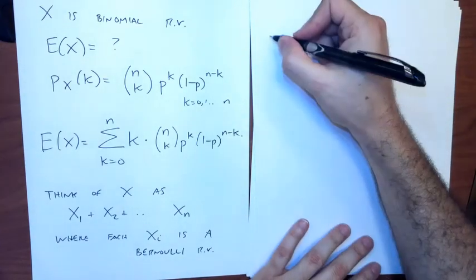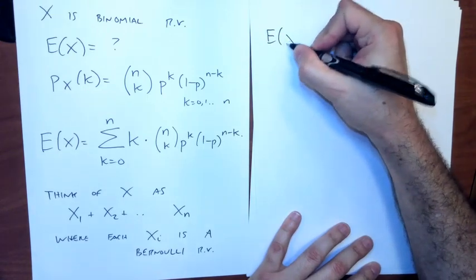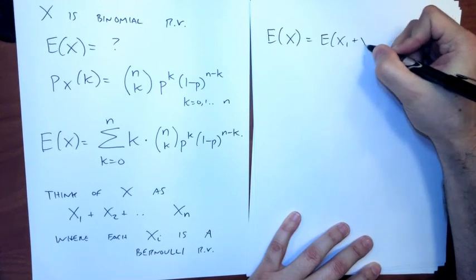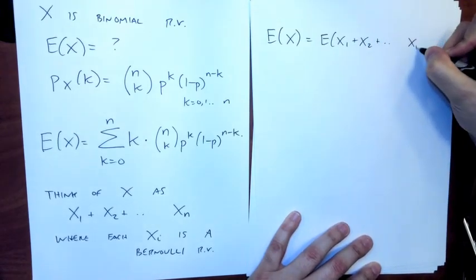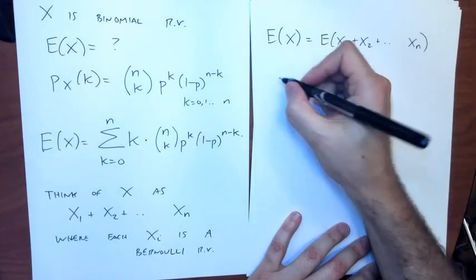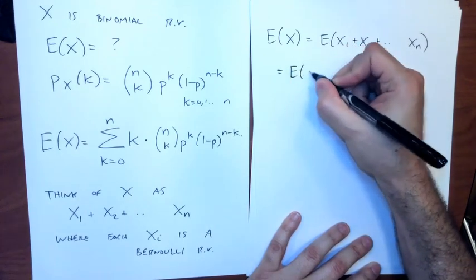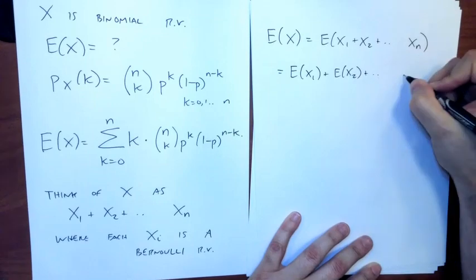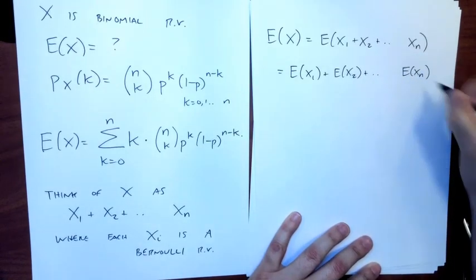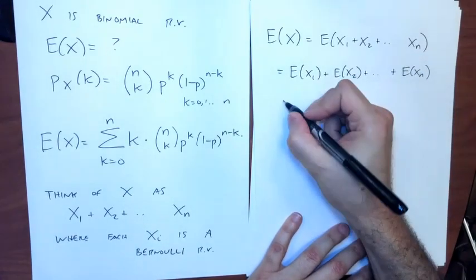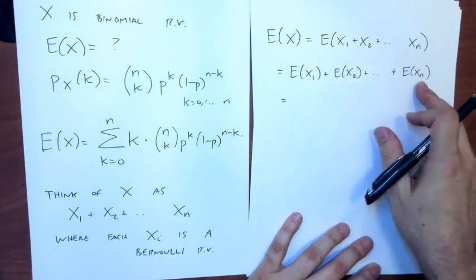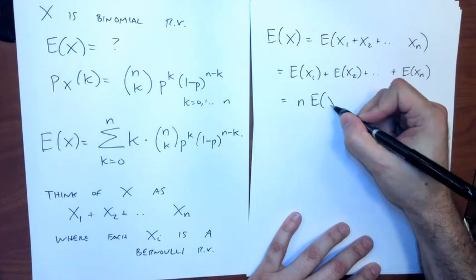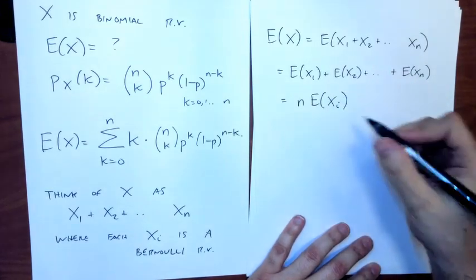Because now the expected value of the binomial is the expected value of the sum of these n sub-random variables. I can break this sum up because I just talked about linearity. And each of these has the same expected value because each of the flips is independent and identical.